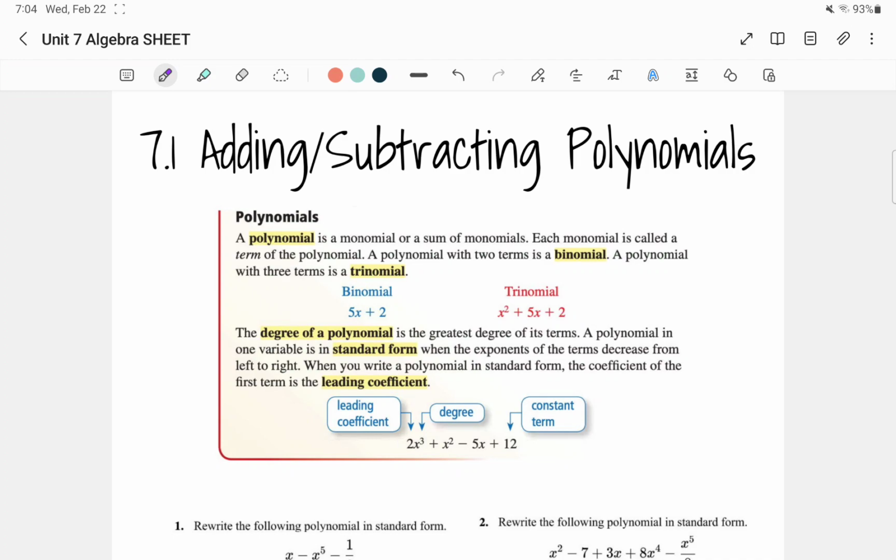A polynomial is a monomial or a sum of monomials. Let's go ahead and define what a monomial is.